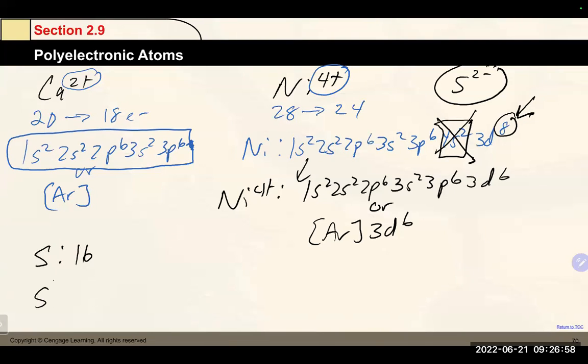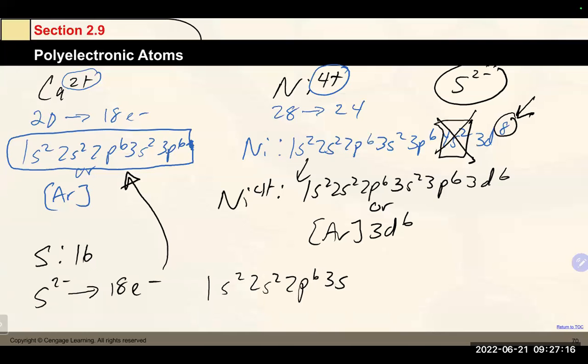So sulfur with a -2 charge means that it actually gained 2 electrons, and it would end up with 18 electrons, which would put us back to the same configuration right here. It would be 1s2, 2s2, 2p6, 3s2, 3p6, once again argon's configuration.